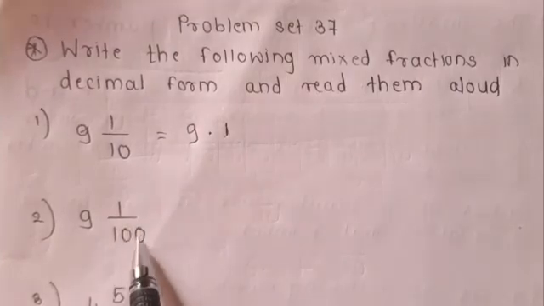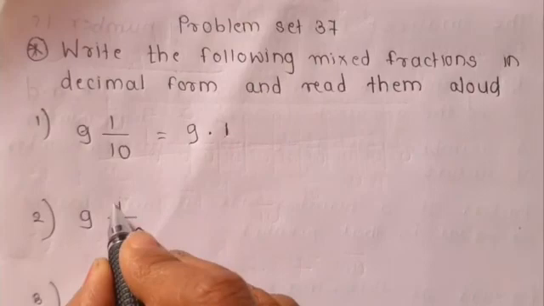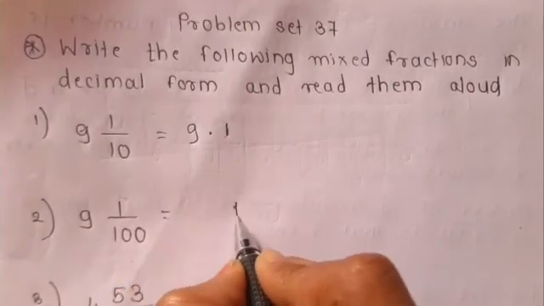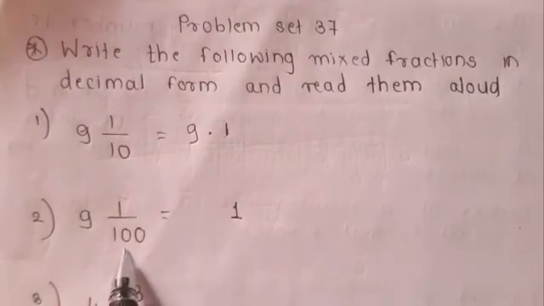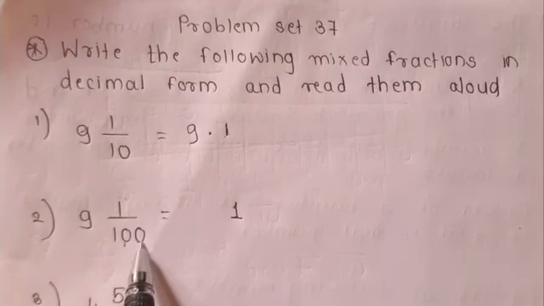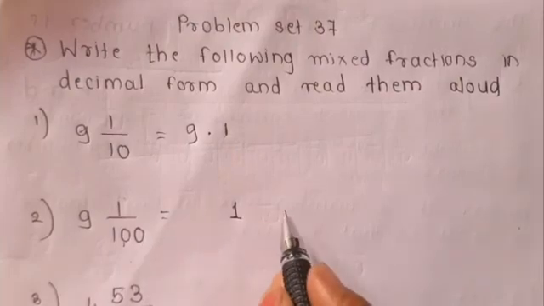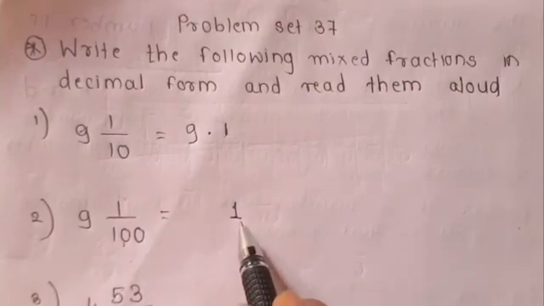9 1 upon 100. So we write the numerator 1. In the denominator there are 2 zeros, so after the decimal point 2 digits should come. But there is only 1 digit.